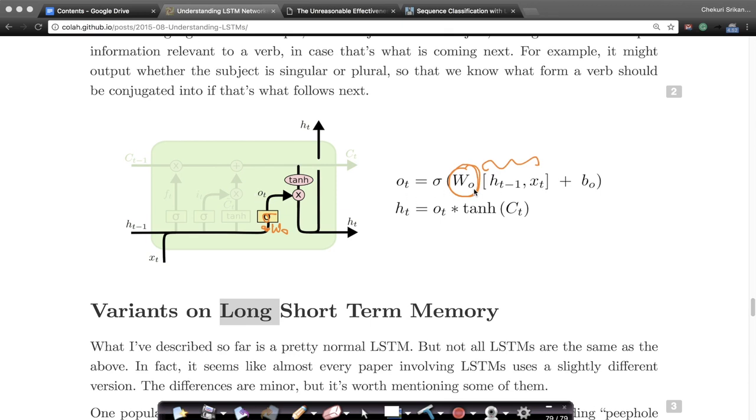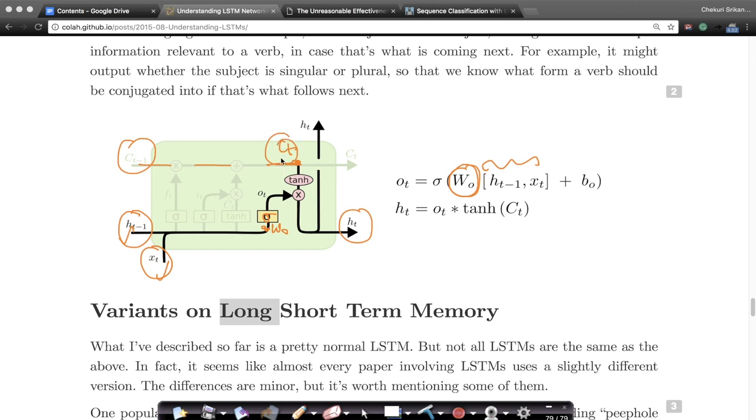It's a different notation here, okay? And finally, you also get some CT here, right? You get your CT here, because you've done all these operations. Your HT is dependent on your inputs. Your output in this layer is dependent on your previous output, your current input and your previous cell state.